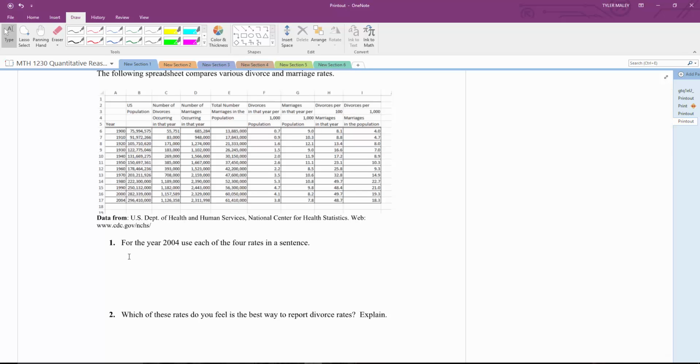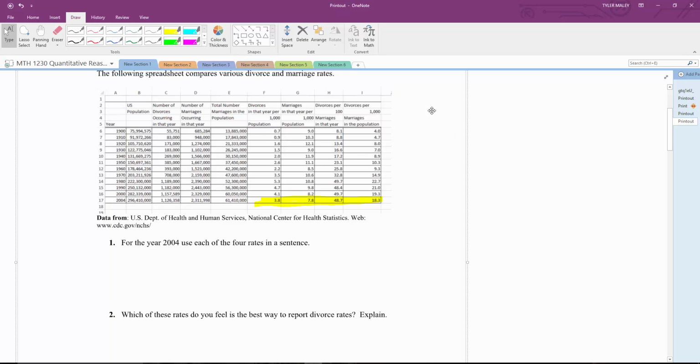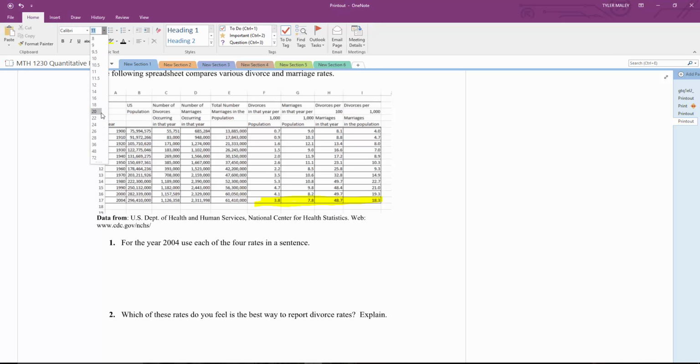So we're using these numbers. So these are the sentences that I would use. I'm going to type them right to the right here. So we make the font pretty big.